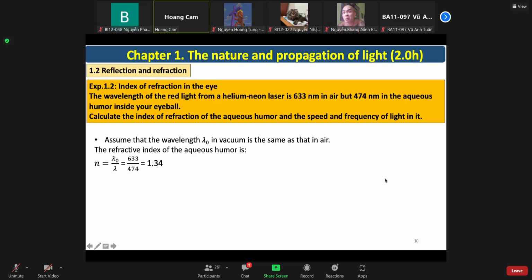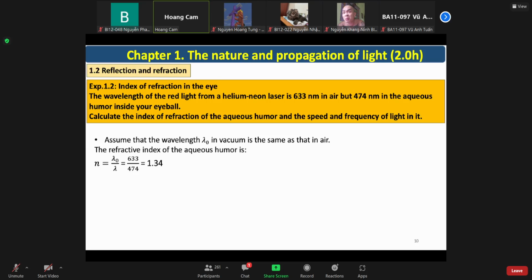So you have the correct number, right? Yes, teacher. And here I rounded the value, we got 1.33, sorry, 1.34, but it's okay as well. So the first question, the index of refraction of the aqueous humor. Perfect. And how about the speed of light?